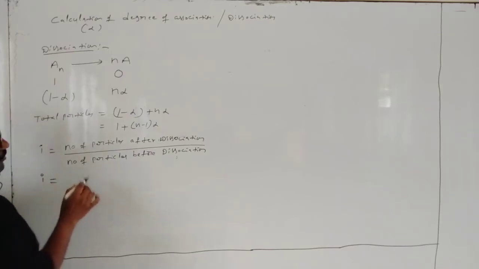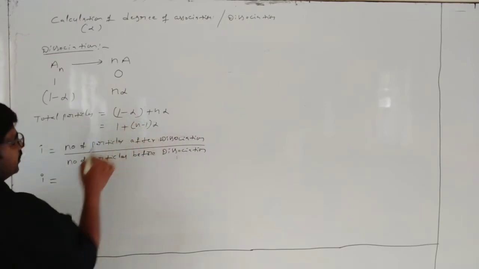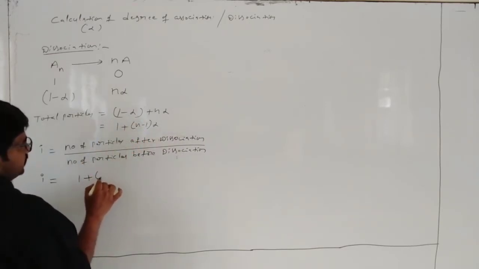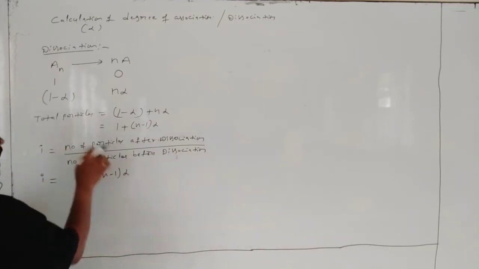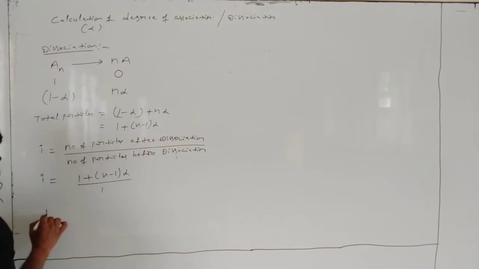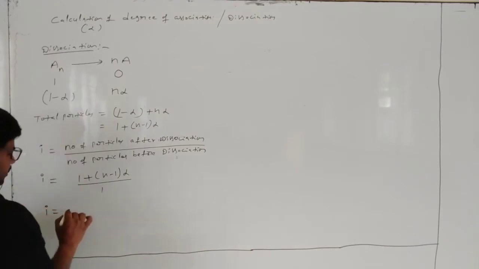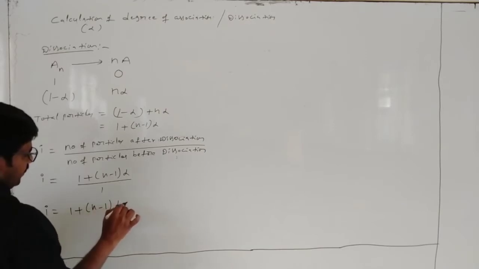Now i is equal to the number of particles after dissociation, which is 1 plus (n minus 1) alpha, divided by the number before, which is 1. So i is equal to 1 plus (n minus 1) into alpha.